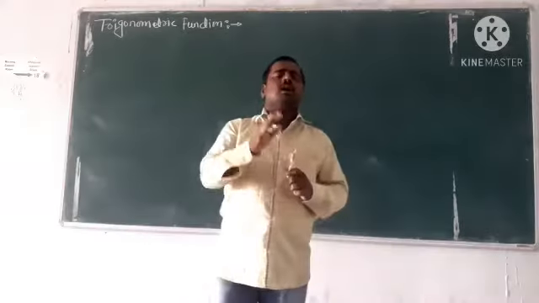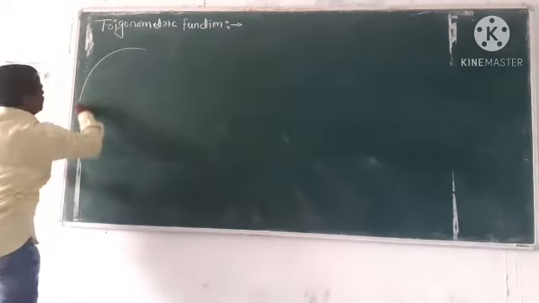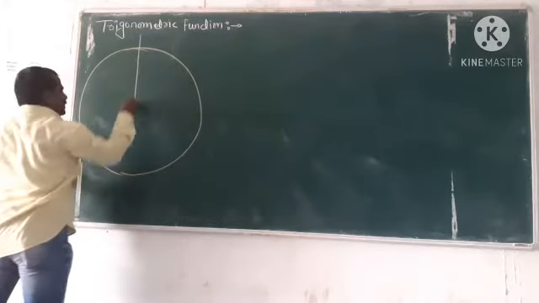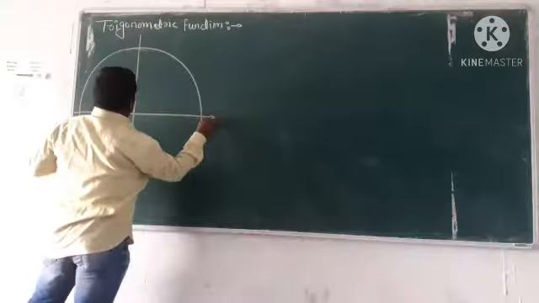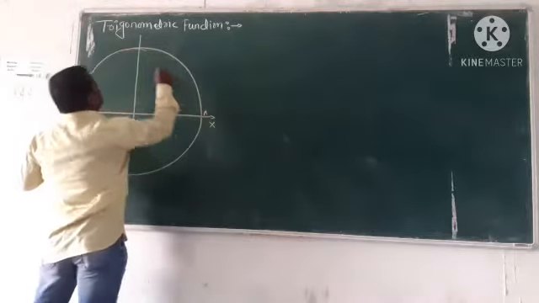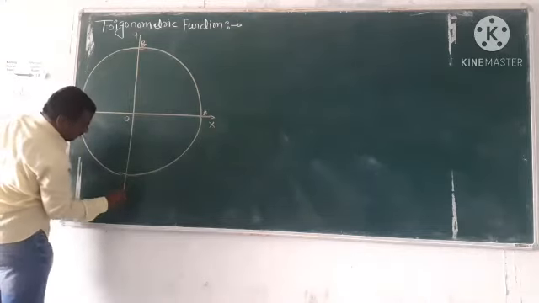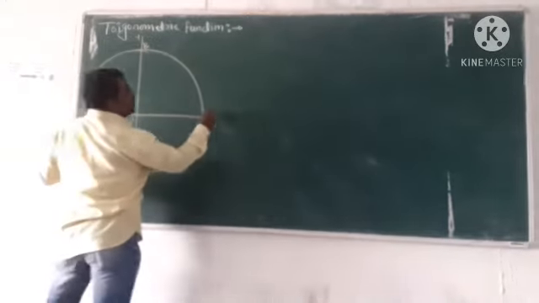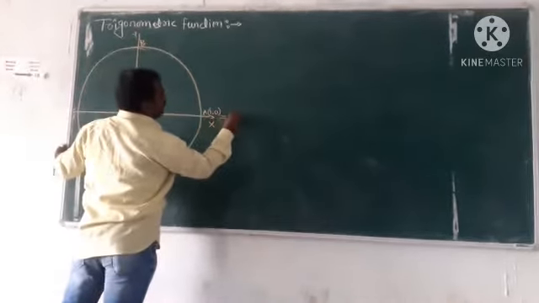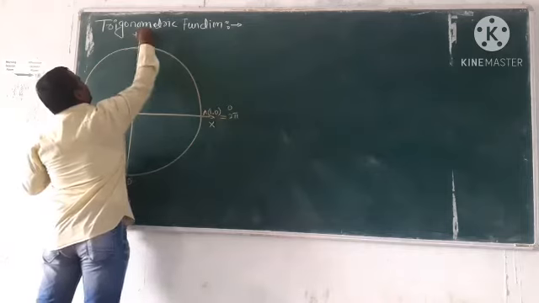Let us discuss first. Consider the unit circle. I'm going to take one point. This is the value expressed for that point. So here the point is 1, 0, which starts at 0, and here pi by 2.